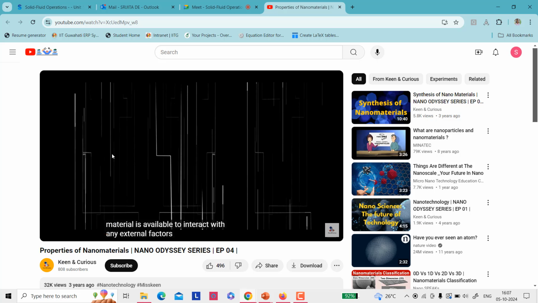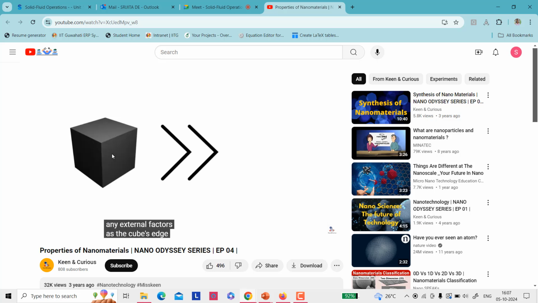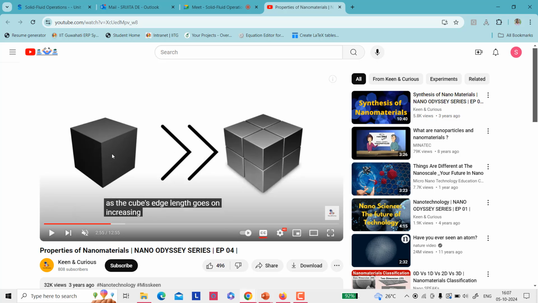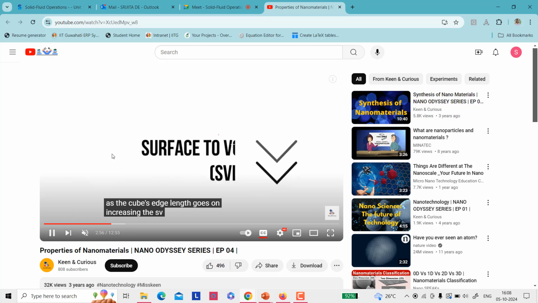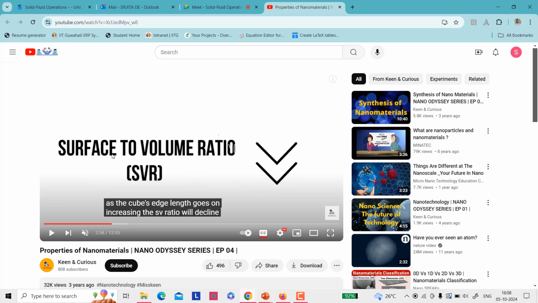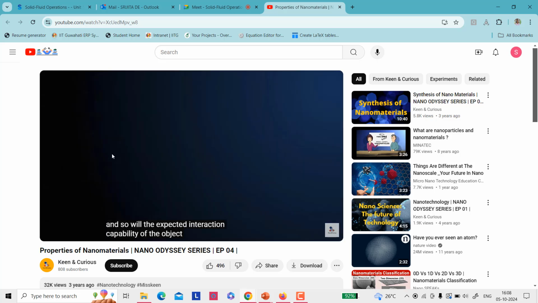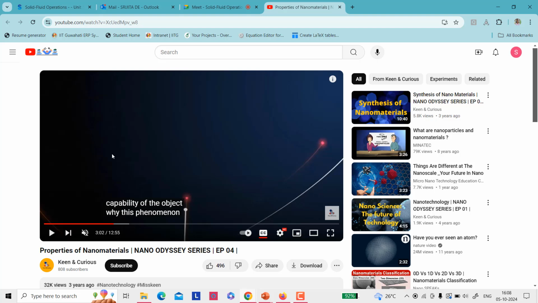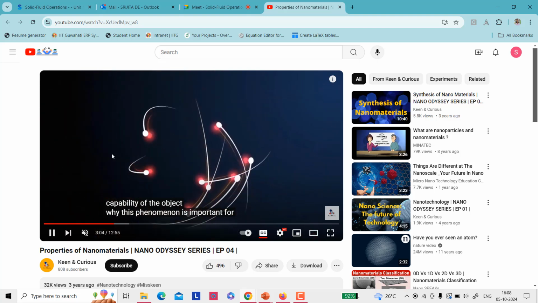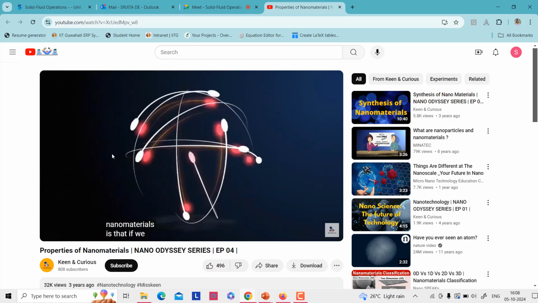Why this phenomenon is important for nanomaterials is that if we talk about the atoms or molecules that make up nanomaterials, instead of talking about little cubes, we will arrive at the same conclusion as before. This factor alone is enough to make the behavior of nanomaterials drastically different from bulk material.